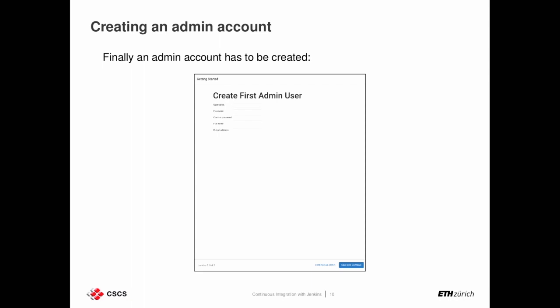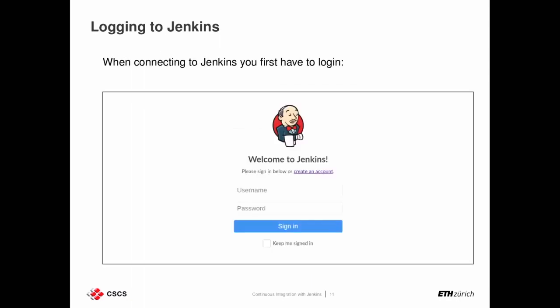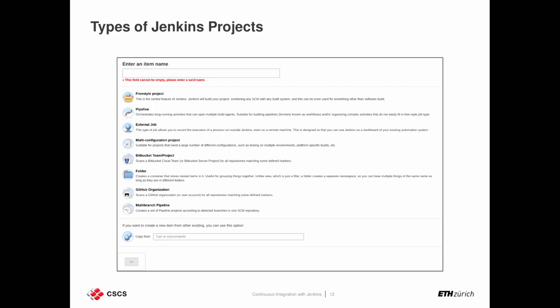And here is how the screen looks. We will see those steps in detail later in the live demonstration. This is what you see when you try to connect to the Jenkins web interface. And this is what you see when you want to create a Jenkins project. Those are some typical project types that Jenkins offers, which can be extended.